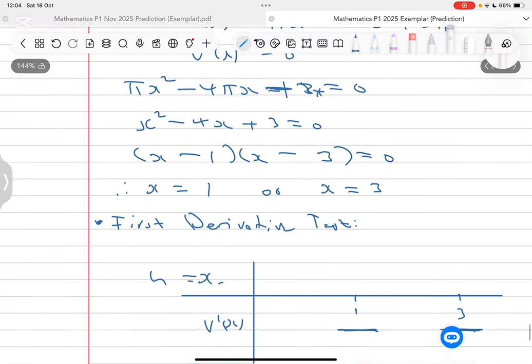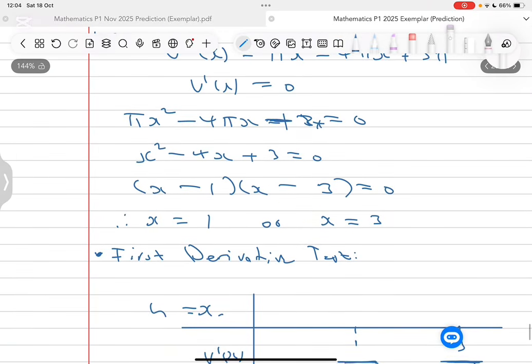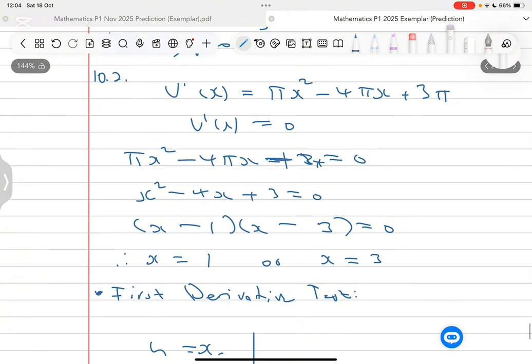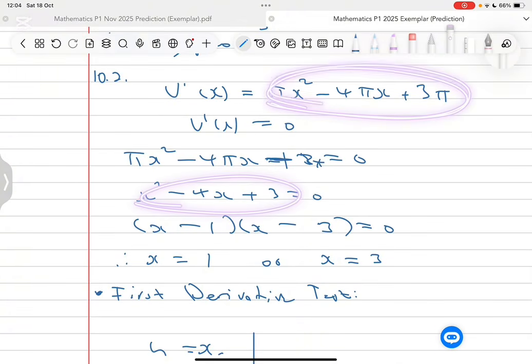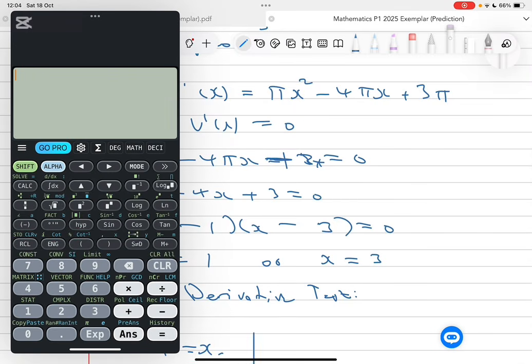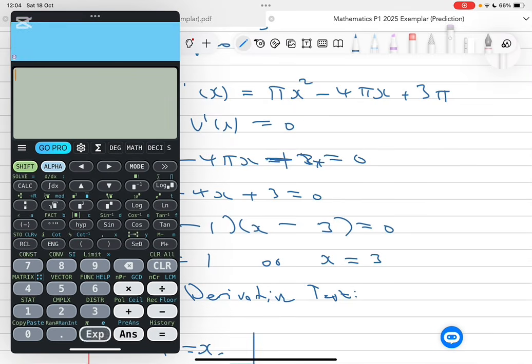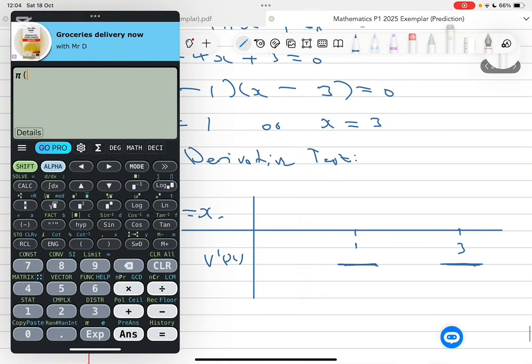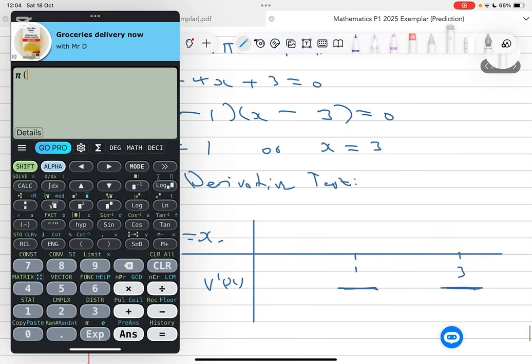Now, when we do that, I'm going to come to this equation. Either I can use this one or this one. Actually, I'm going to use this one here, where we have a pi, and we are testing a number that is below 1. A number that is below 1 here, I can take perhaps, let's say 0 is the easiest, right?